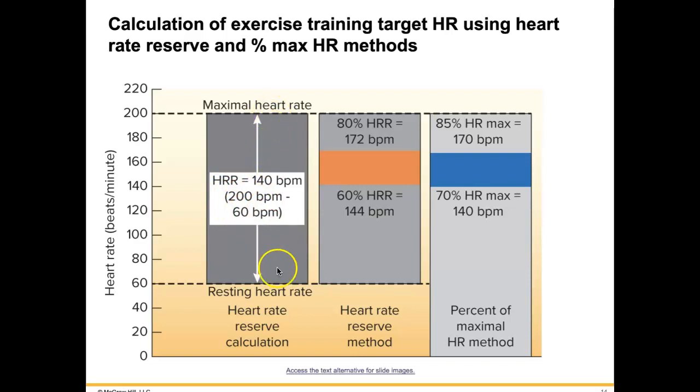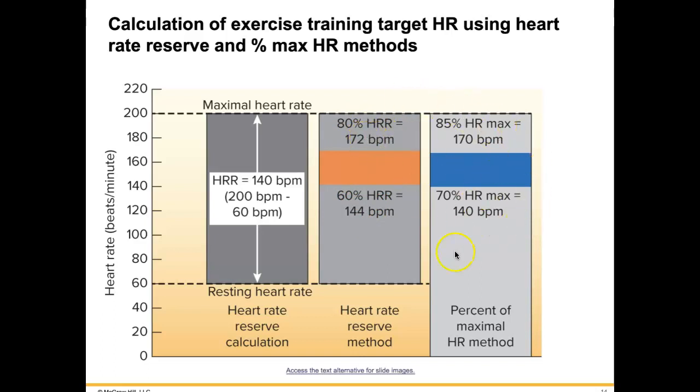This is our entire range within which our heart is able to beat. So when we did our heart rate reserve method, we were able to see that our range should be from 144 beats per minute to 172.